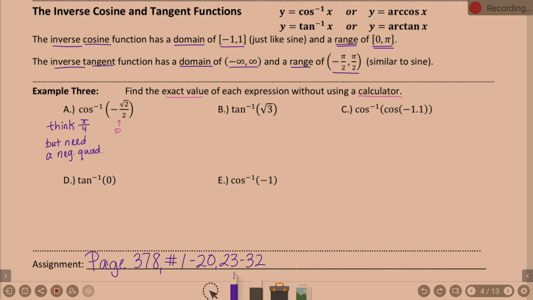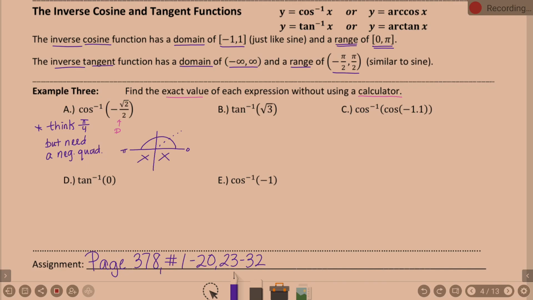Now, think about this. Pi over 4 is there, right? But that's a positive quadrant. What are my options for inverse cosine? My options are 0 to pi. Am I allowed to give anything down here?